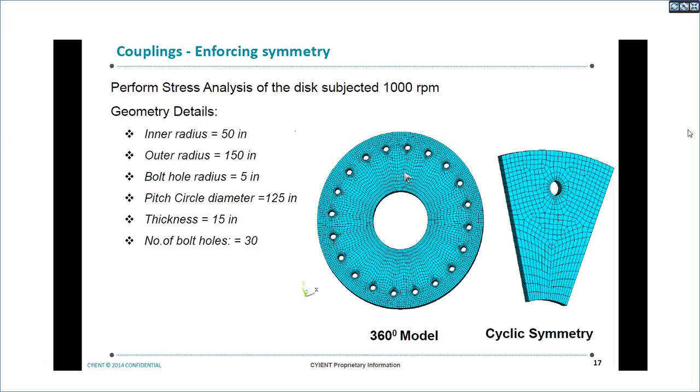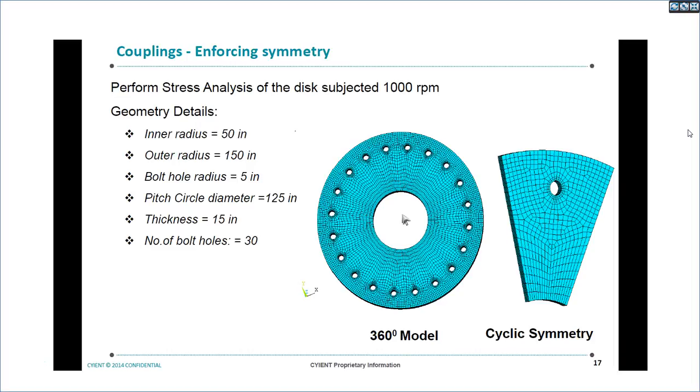Generally, a disk is comprised of blades. So we have taken the disk with holes here. We have taken around 30 bolt holes here, and we model it as a hollow disk. Here we can use two techniques: a 360 degrees model and a cyclic symmetric model.